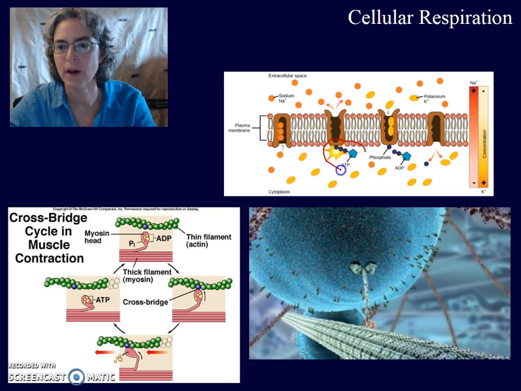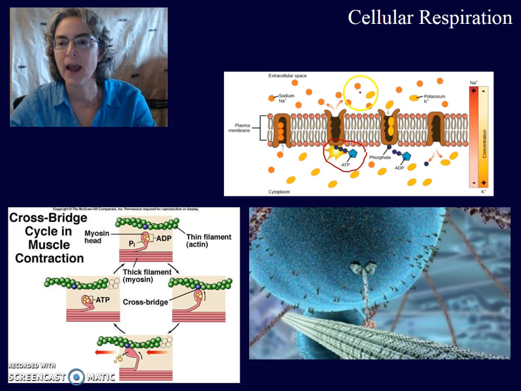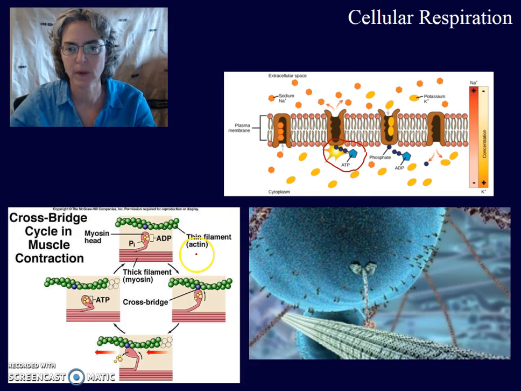Some examples of that work: using ATP to transport molecules across the cell membrane, food for one coming in, waste going out, ions. In this case right here, this is a pump, so pumping certain ions across the cell membrane.